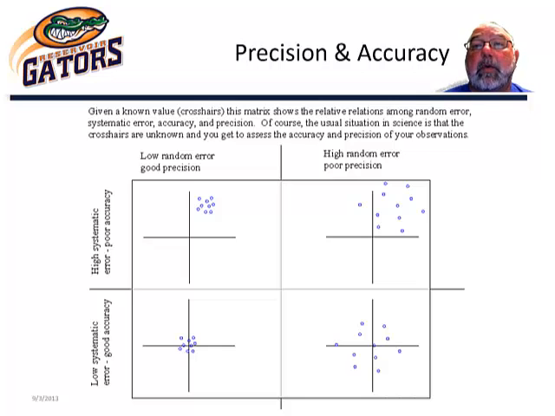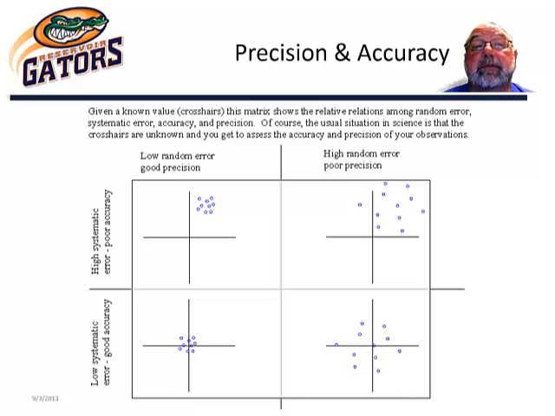In the upper right-hand corner, that's just a mess. That's poor precision and poor accuracy. That means that we weren't using the right measuring tools, we didn't have a very good experimental design, we weren't careful. We don't want our data to look like that. That would be a bad experimental result.